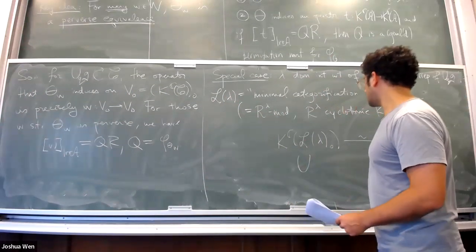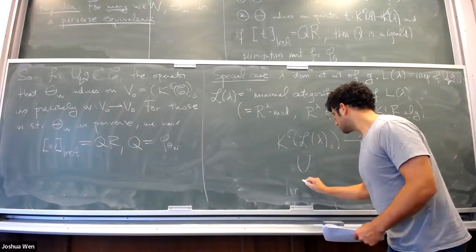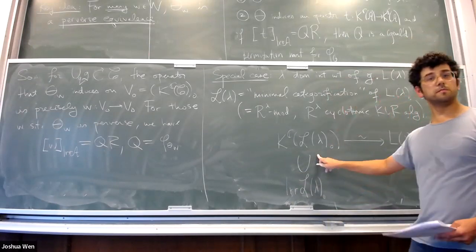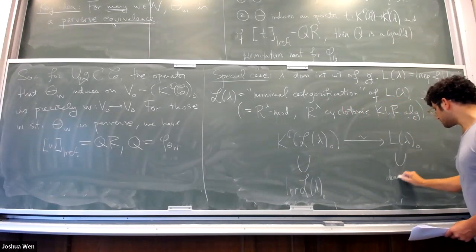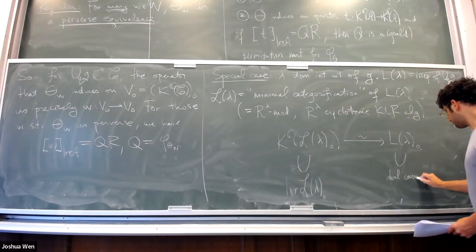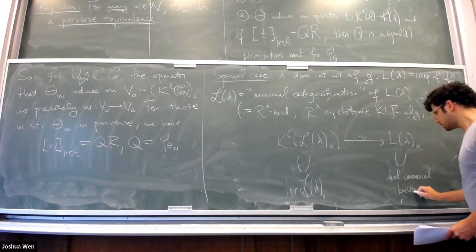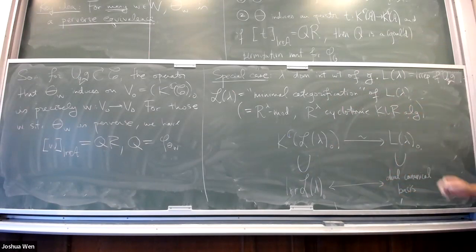Inside here, I have the classes of simple objects, which I call L lambda 0. This gives me some basis here. And in here, there's a nice basis called the dual canonical basis, originally constructed by Lusztig.